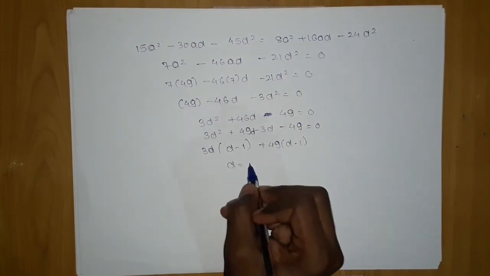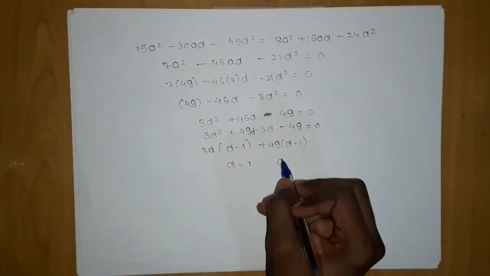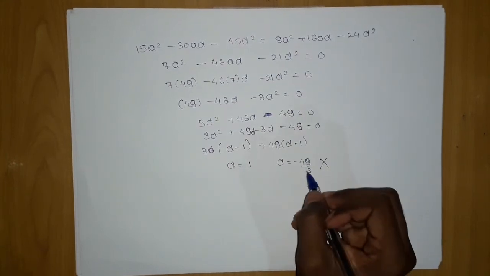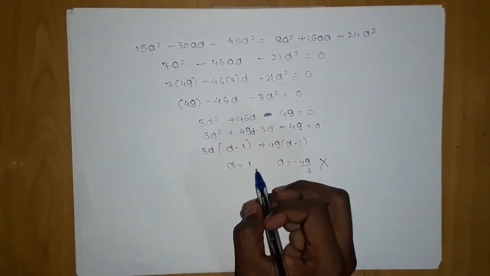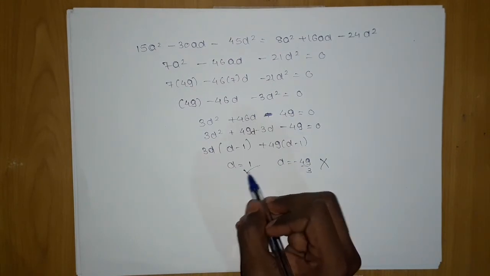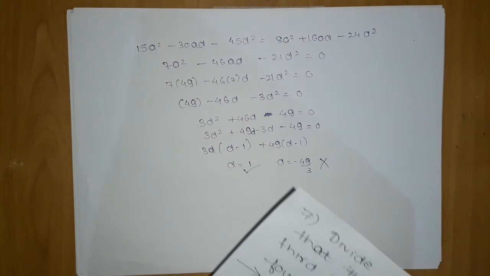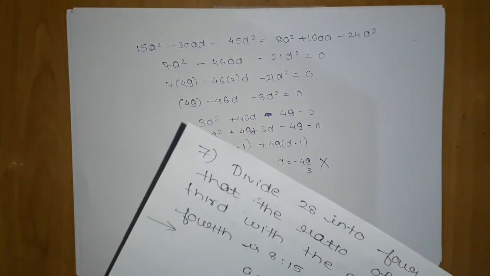So d is 1, and d is minus 49 by 3. The difference cannot be negative, so we will reject this and we will take this one. d is equal to 1. So that was the thing. Divide 28 into 4 parts.